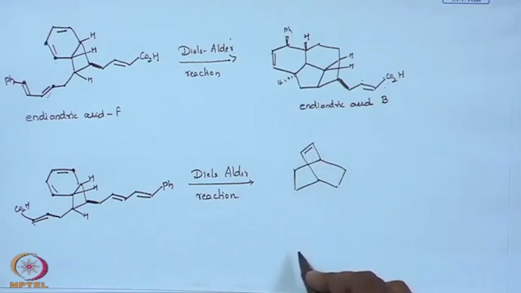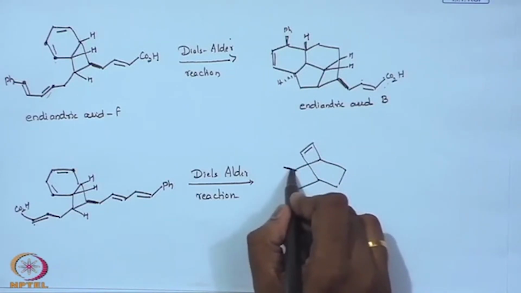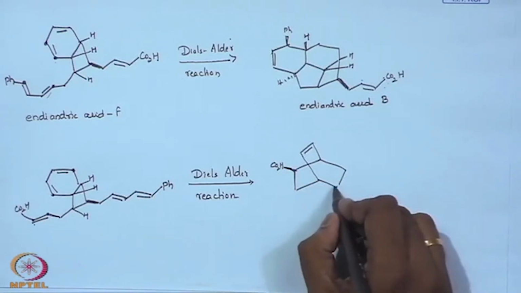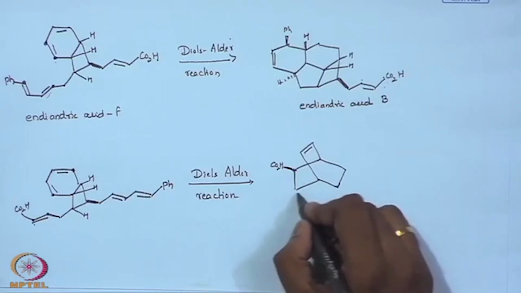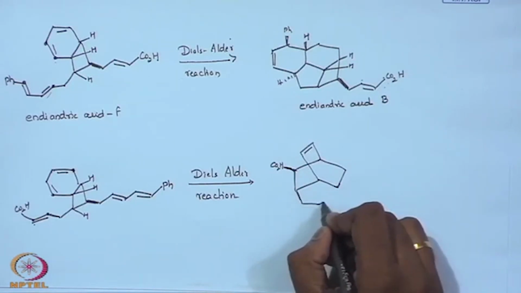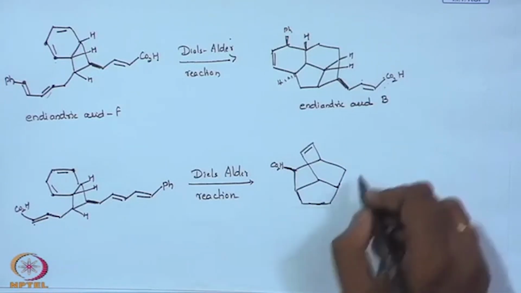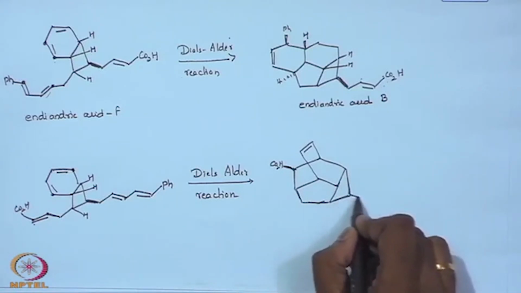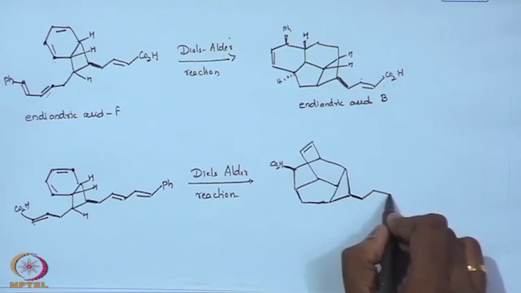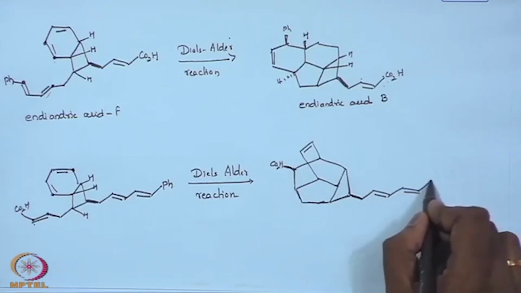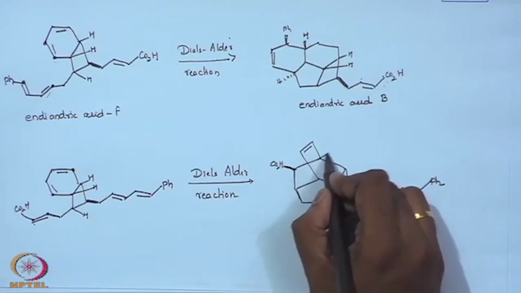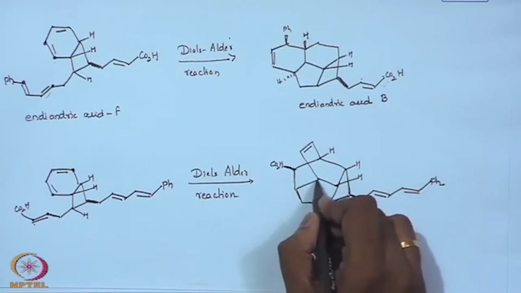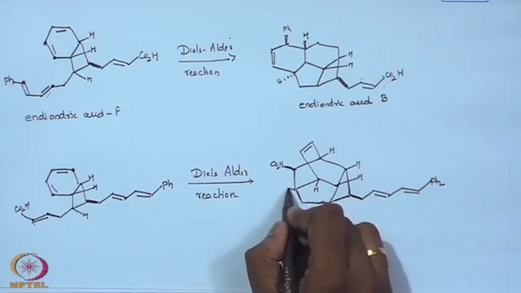When you have alkene here, you have a carboxylic acid, then I can have phenyl, then I have my hydrogen, hydrogen, hydrogen, hydrogen, this.